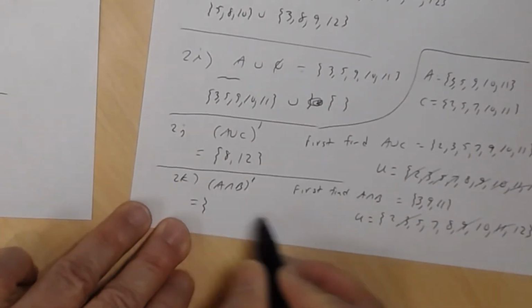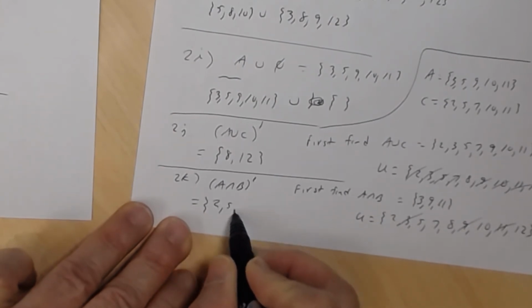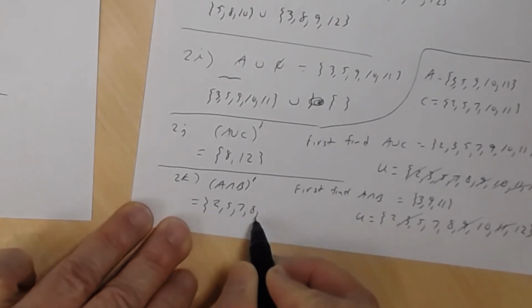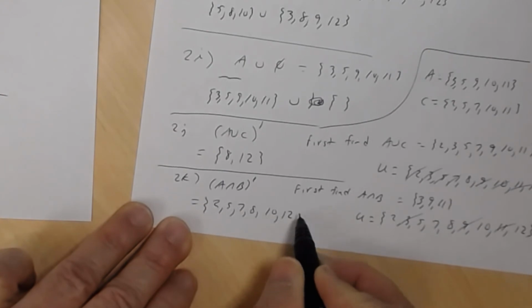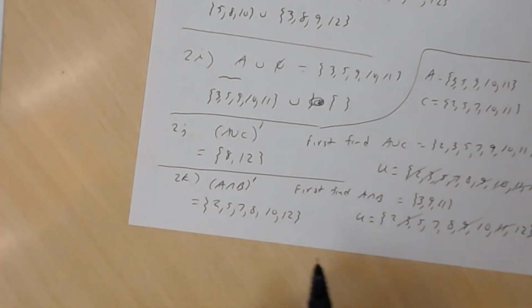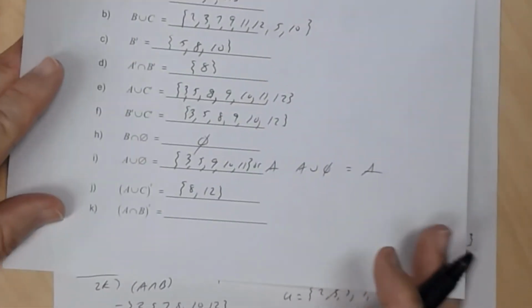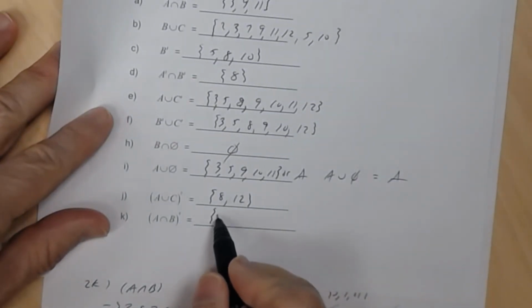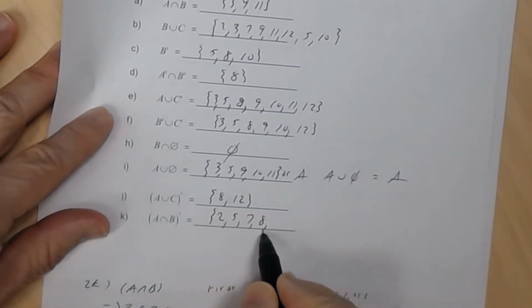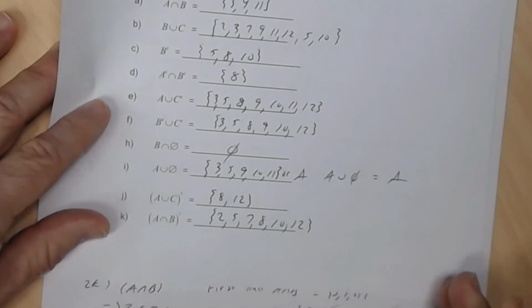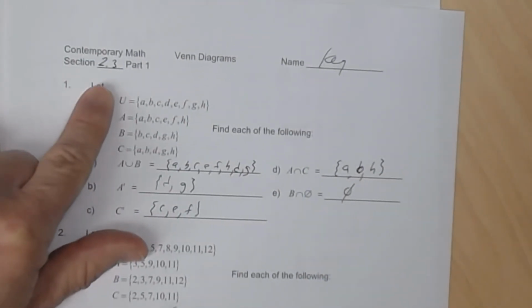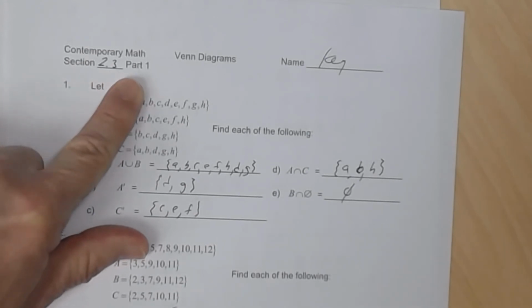So I'm left with 2, 5, 7, 8, 10, and 12. Okay, so that's going to go here: 2, 5, 7, 8, 10, and 12. Okay, so that's going to be the key to Worksheet 2.3, Part 1.